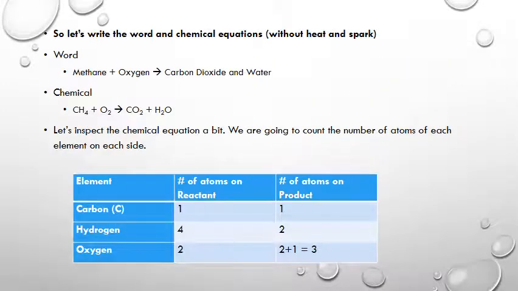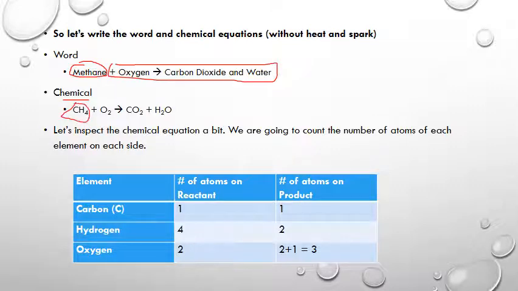So let's take a look at the actual chemical reaction. We have our alkane, and then the thing that doesn't change. So it's methane plus oxygen yields carbon dioxide and water. The chemical equation is our alkane plus the thing that doesn't change. And it's right there.